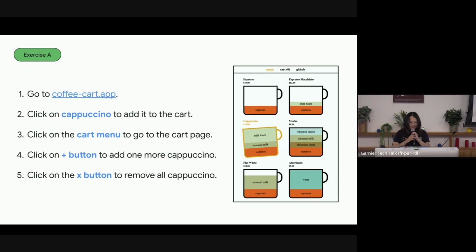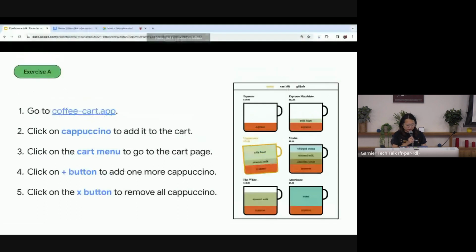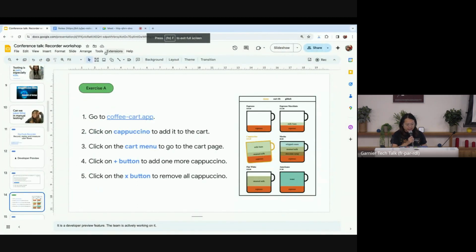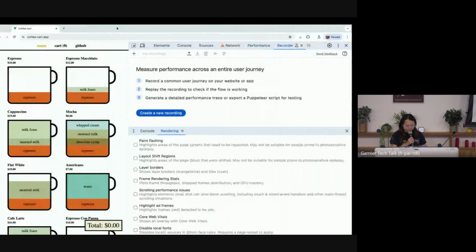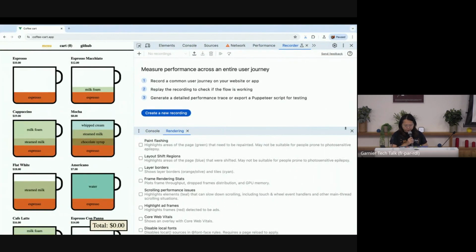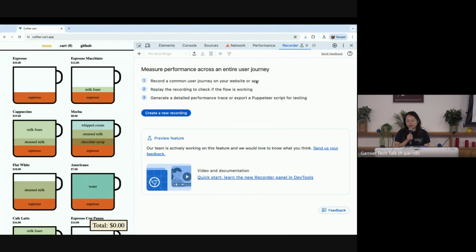I think I can quickly go through the steps here. If you have any questions, let me know. So the first thing, before I talk about the recorder: in DevTools, all these tabs you can actually move.